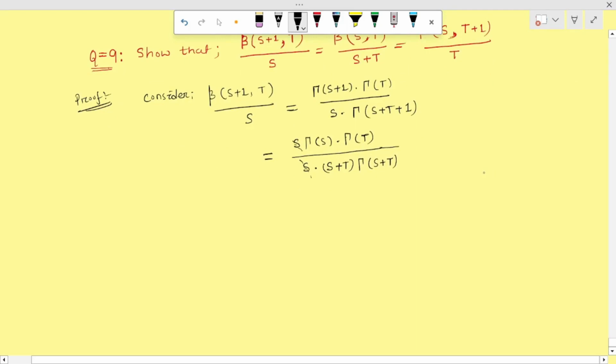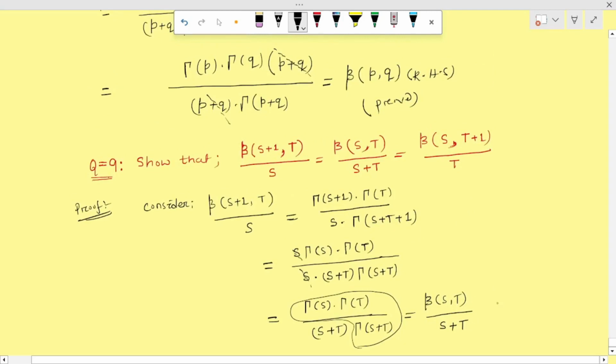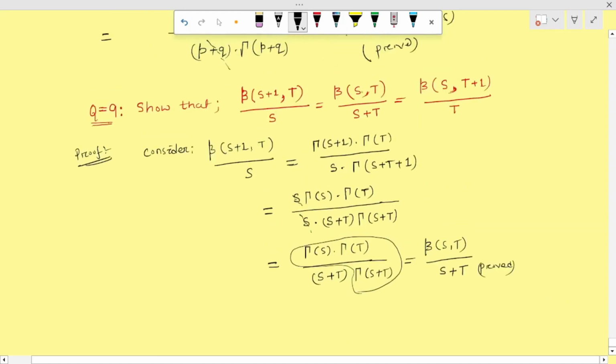We found gamma s into gamma t by s plus t into gamma s plus t. So gamma s into gamma t by gamma s plus t is nothing but beta s t, so beta s t by s plus t. I think the first one has been proved here. This much equal to this much we proved.